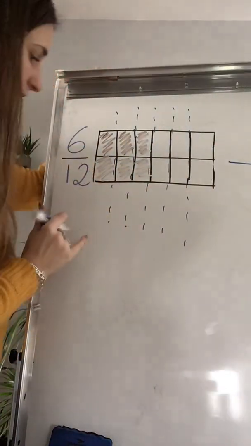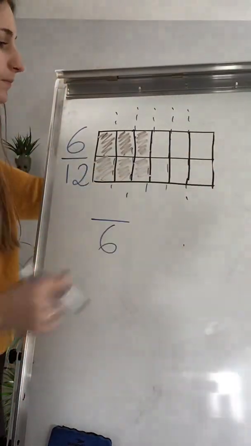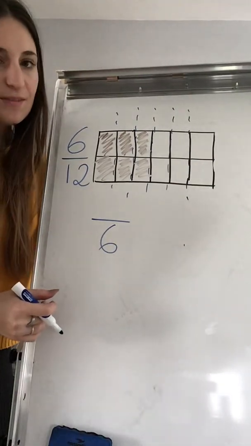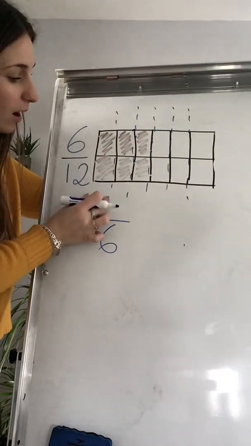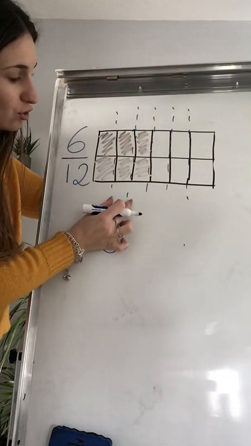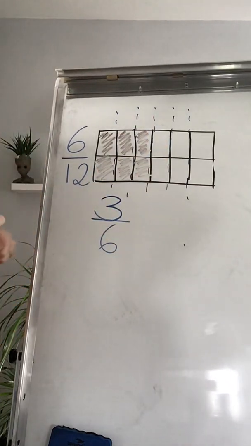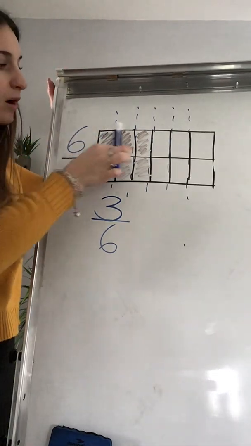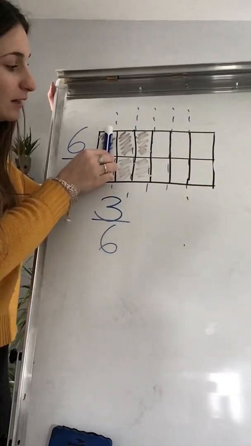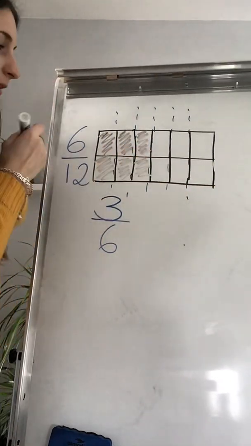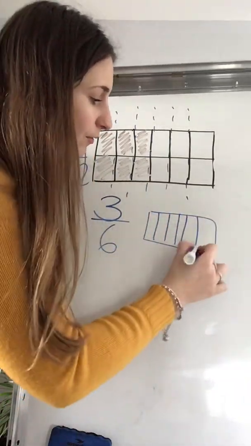So I broke it now into 6 equal parts. How many equal parts have I taken now? Remember that they are broken like this, I've taken 1, 2, and 3 equal parts. Can you see it? I broke it into 1, 2, 3, 4, 5, and 6, and I've taken 1, 2, and 3. And you see that it will be the same as this.